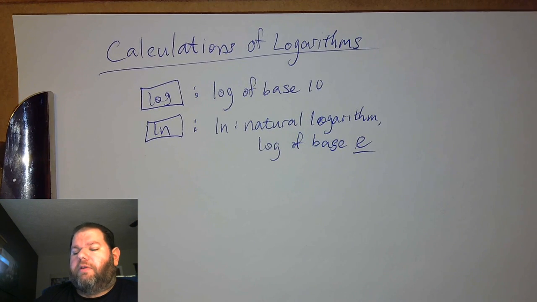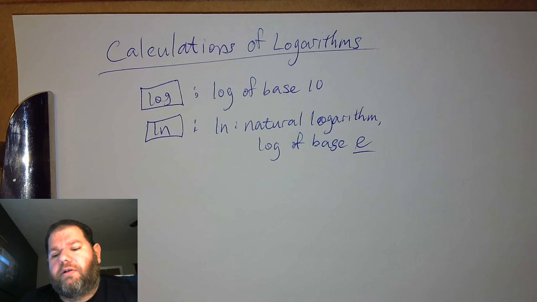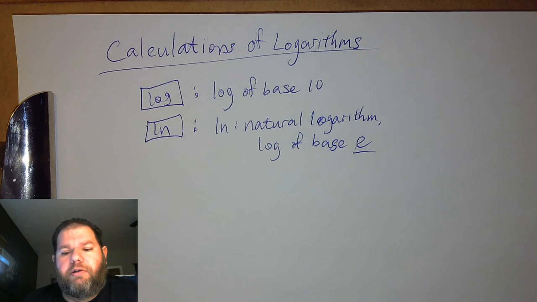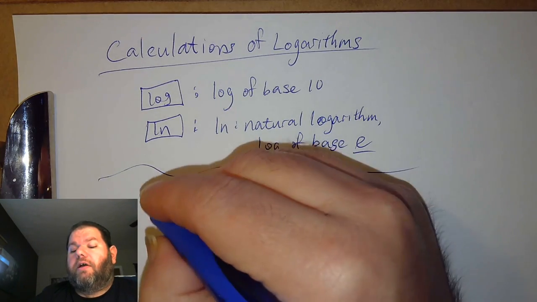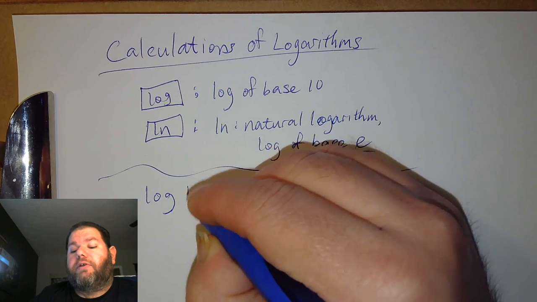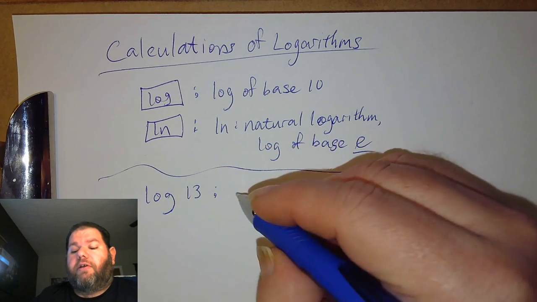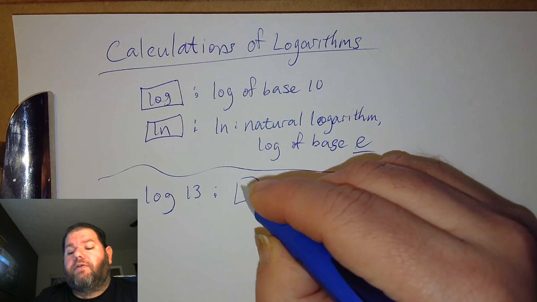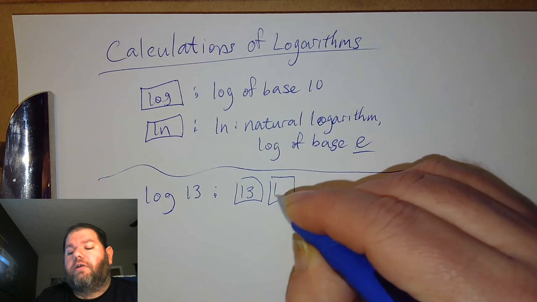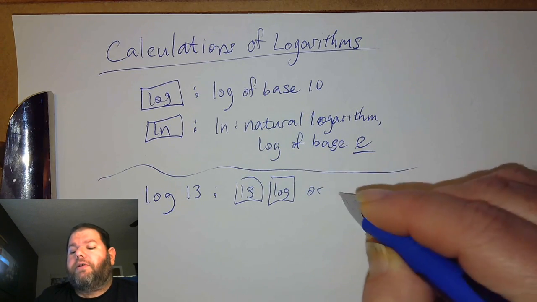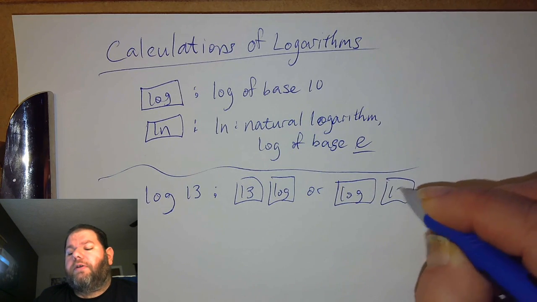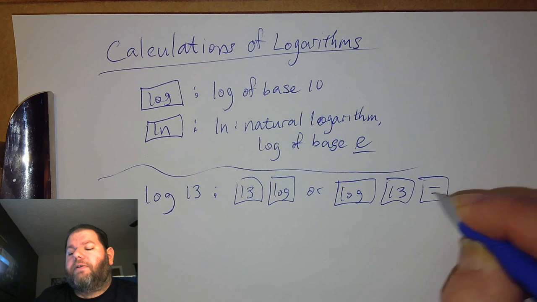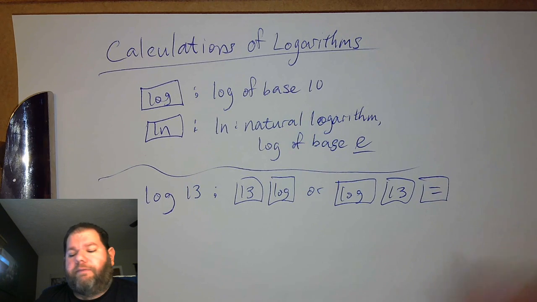Anyway, depending on your calculator, if we wanted to find, for instance, log of 13, some calculators will have you enter the 13 first and then press log, while other calculators will have you press log first, enter 13, and then press equals or enter.